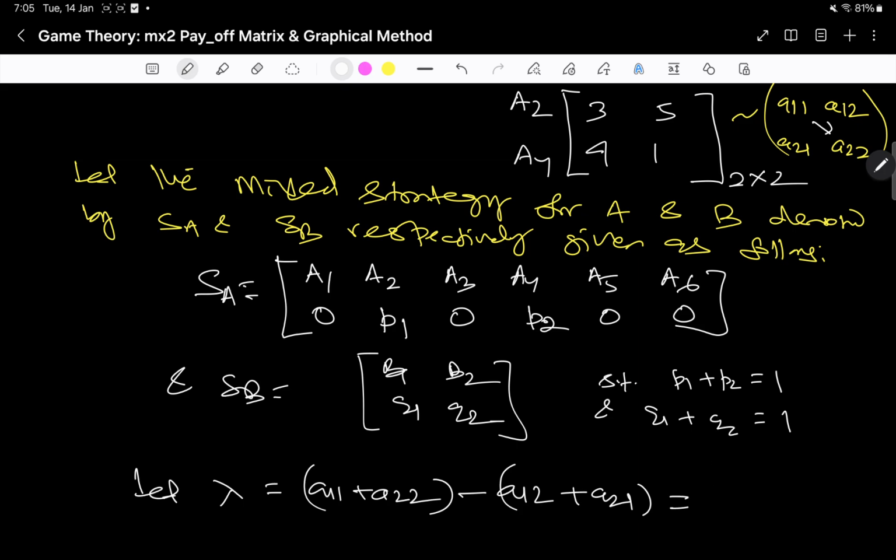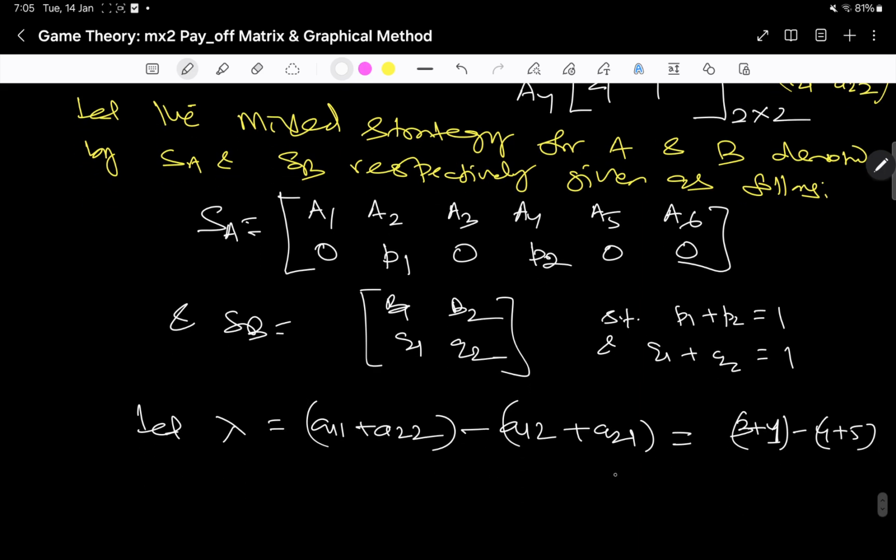So this is 3 plus 4 minus 4 plus 5. This is 3 plus 1 minus 4 plus 5. So this is equal to 4 minus 9, which is minus 5.